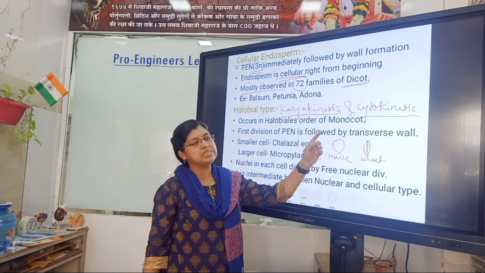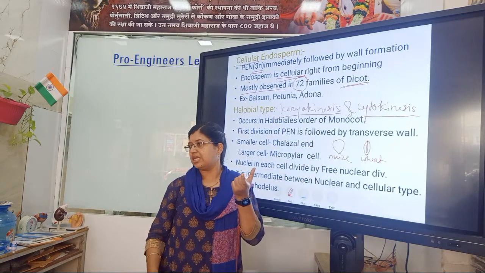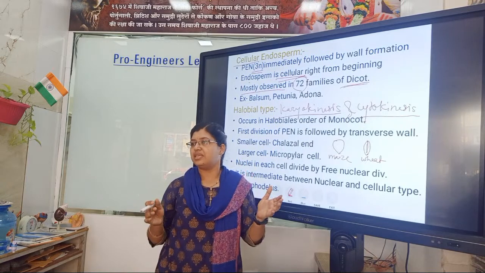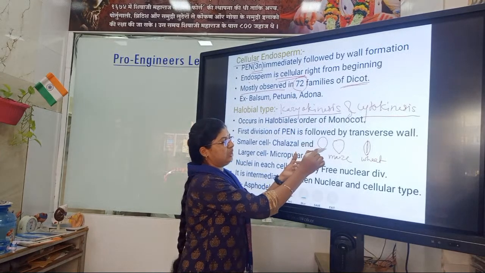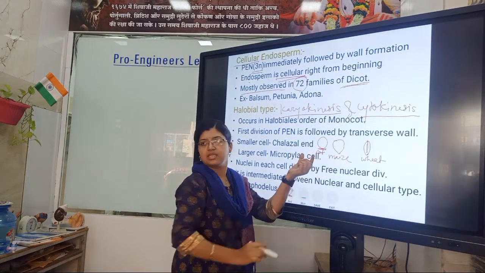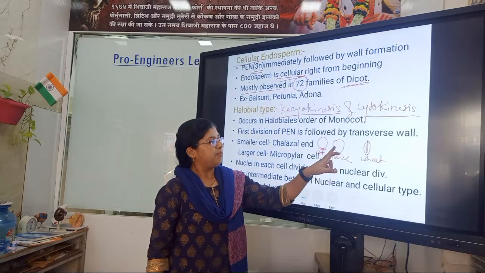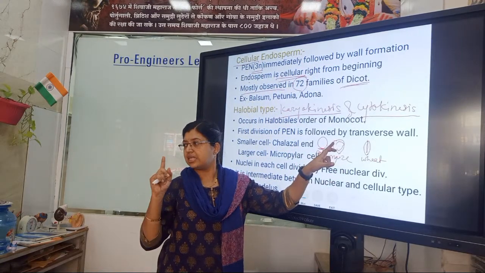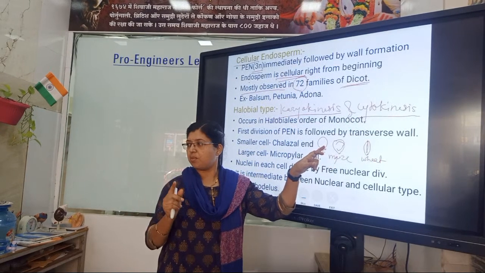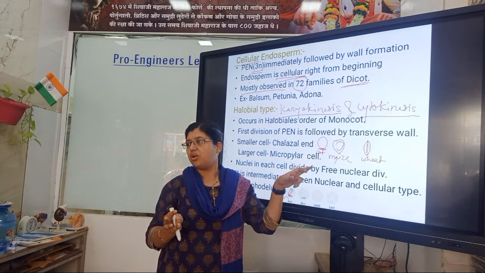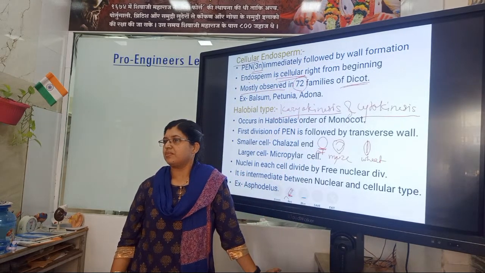Monocot means single cotyledon, single cot. It is not related to the number of seeds; it is related to cotyledons. Maize, jowar, bajra are single seeded.